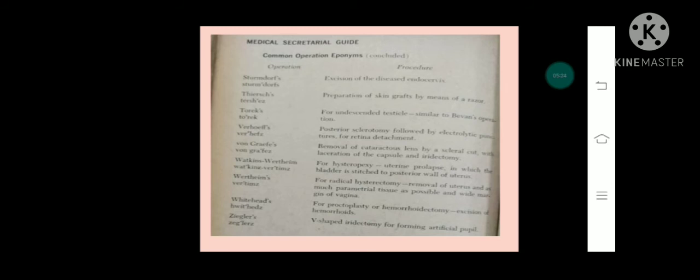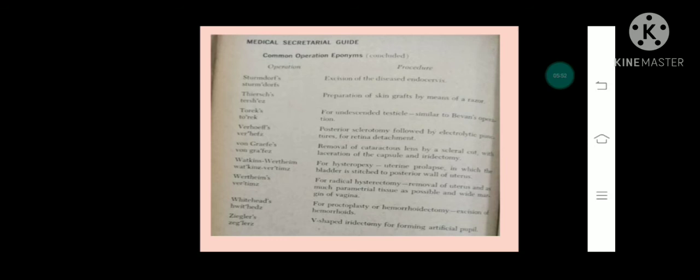Watkins Wertheim, for hysteropexy, uterine prolapse in which the bladder is stitched to the posterior wall of the uterus. Next is Wertheim, for radical hysterectomy, removal of uterus and as much parametrial tissue as possible and a wide margin of vagina.